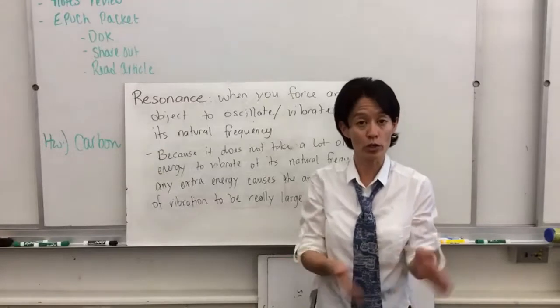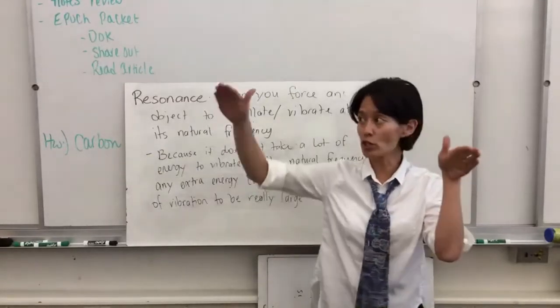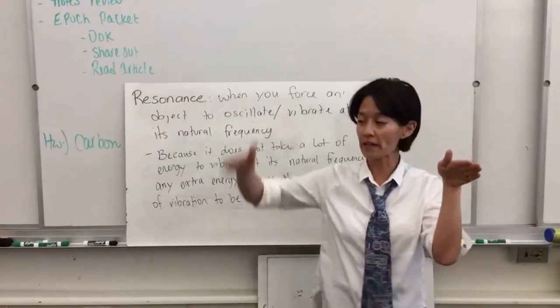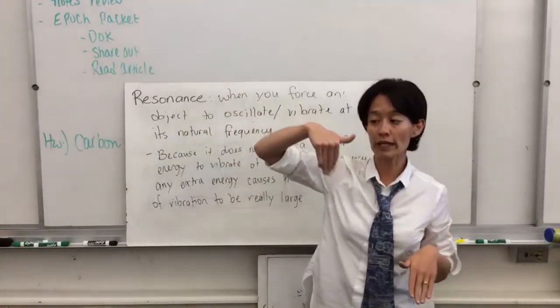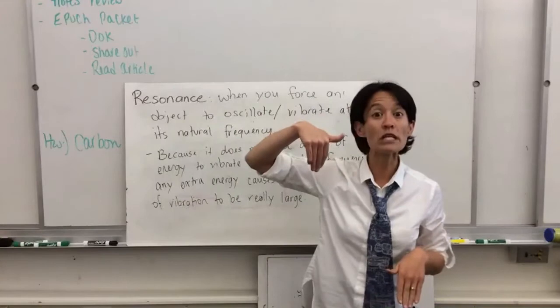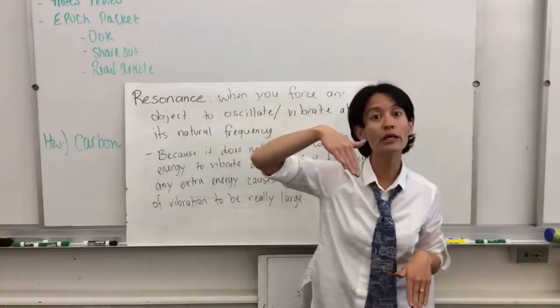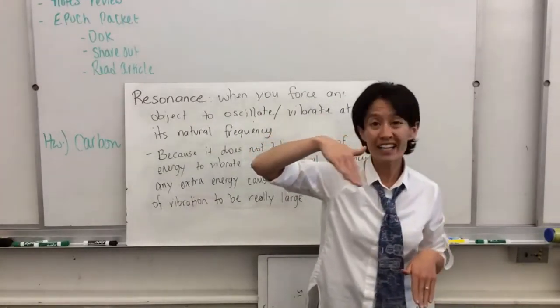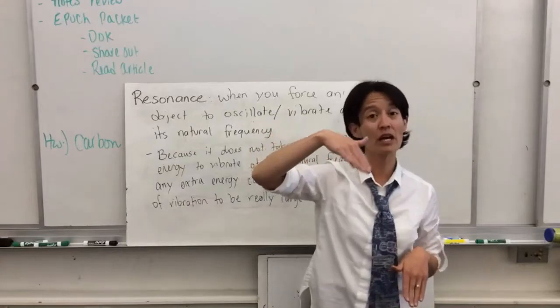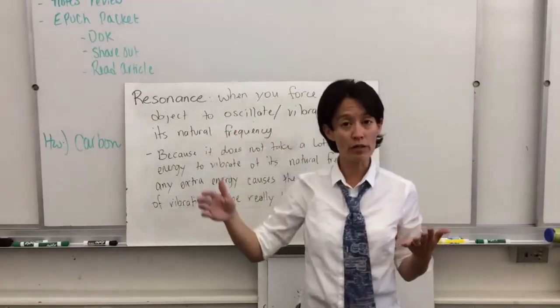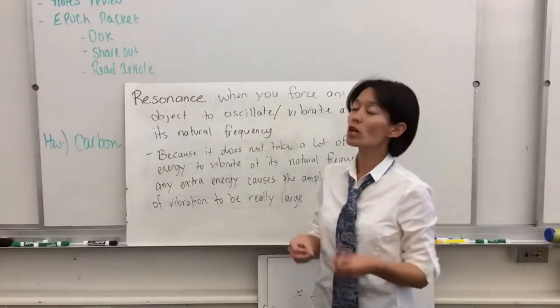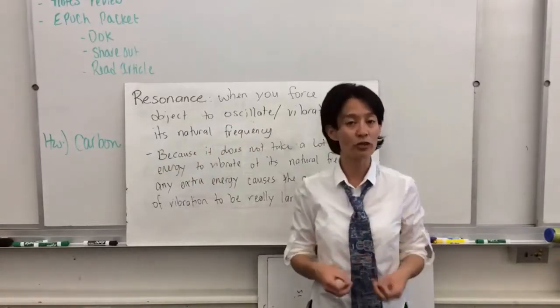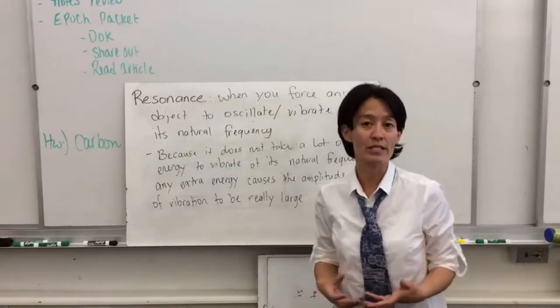If the opposite were to occur, if you were having these huge amplitudes, so you found that sweet spot, and you're going back and forth, and all of a sudden you decrease the rate and you go really slow, again, you're not matching the natural frequency of the swing, and so your amplitude of oscillation is going to decrease greatly. So when you force an object to vibrate at its natural frequency, then that resonance is going to occur.